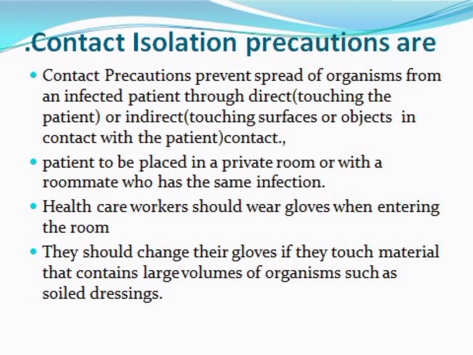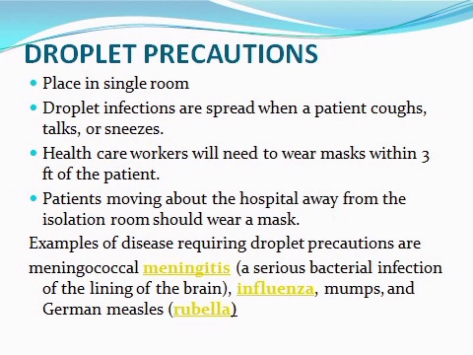And next one is droplet infections or droplet precautions. Again here also, place the patient in a single room. Droplet infections are spread when a patient coughs, talks or sneezes. Healthcare workers will need to wear a mask within 3 feet of the patient.